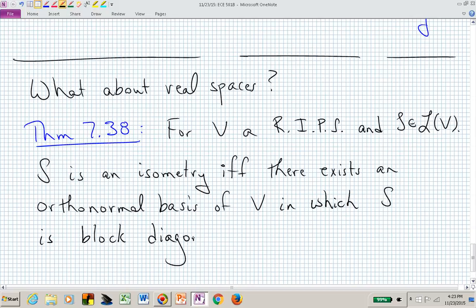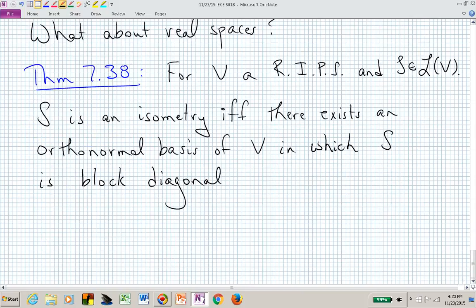is not quite diagonal. It can be block diagonal, meaning we don't necessarily have 1-by-1 blocks on the diagonal. They could be some 2-by-2 blocks.